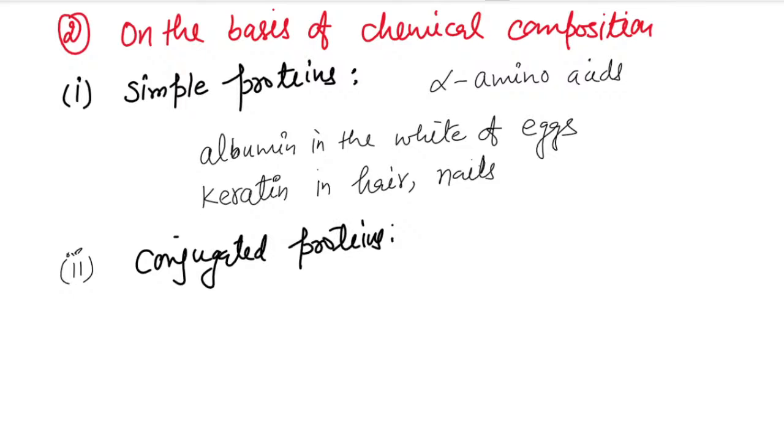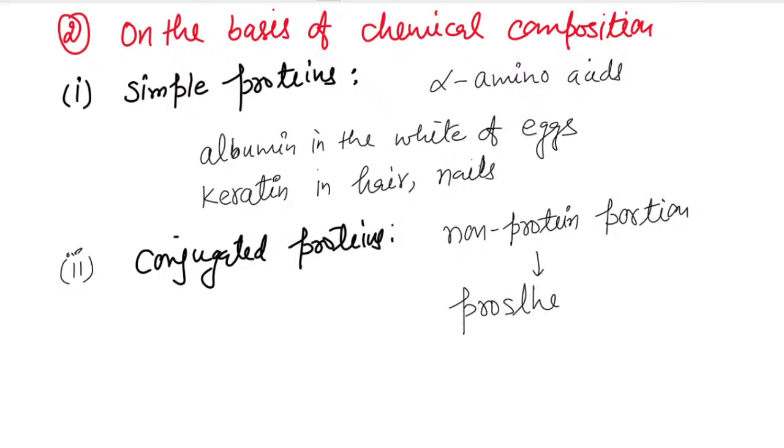Now conjugated proteins are the proteins which give a non-protein portion in addition to the alpha amino acids. This non-protein portion is called the prosthetic group. And what is the main function of this prosthetic group?